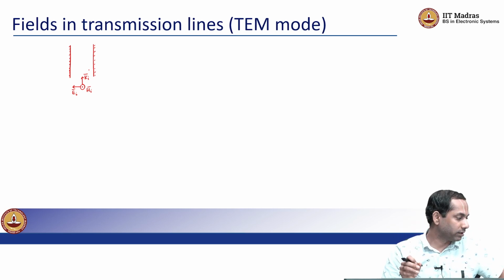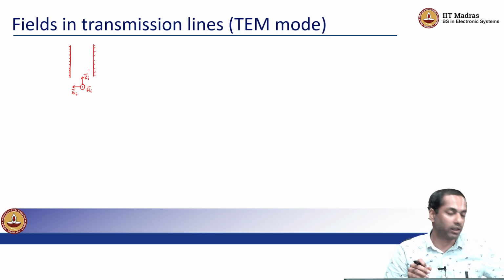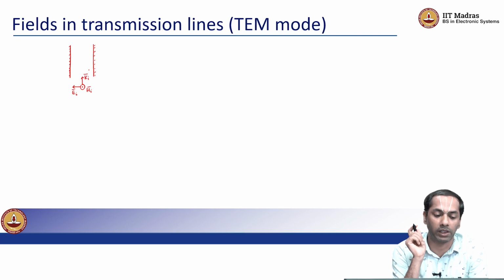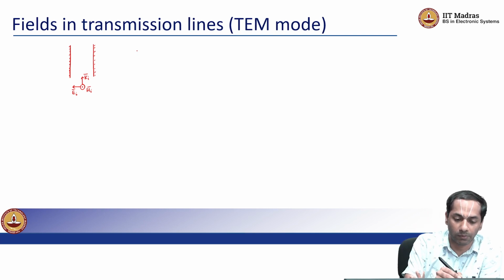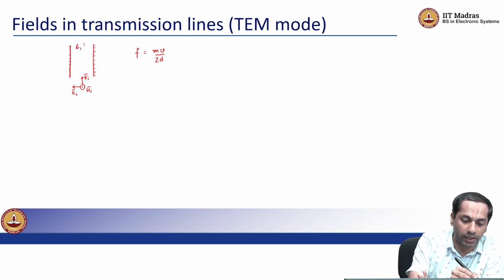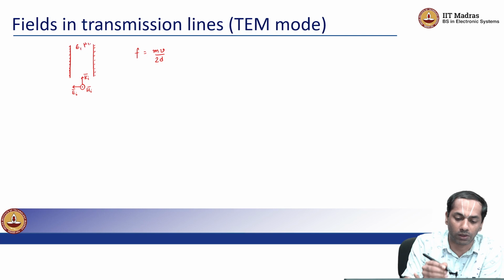So we have two pieces of conductors, and we notice that the cutoff frequency for this particular mode is at 0 hertz. Why do I say that? Because f, we said, was mv over 2d. So let's consider a dielectric epsilon 1, mu 1.